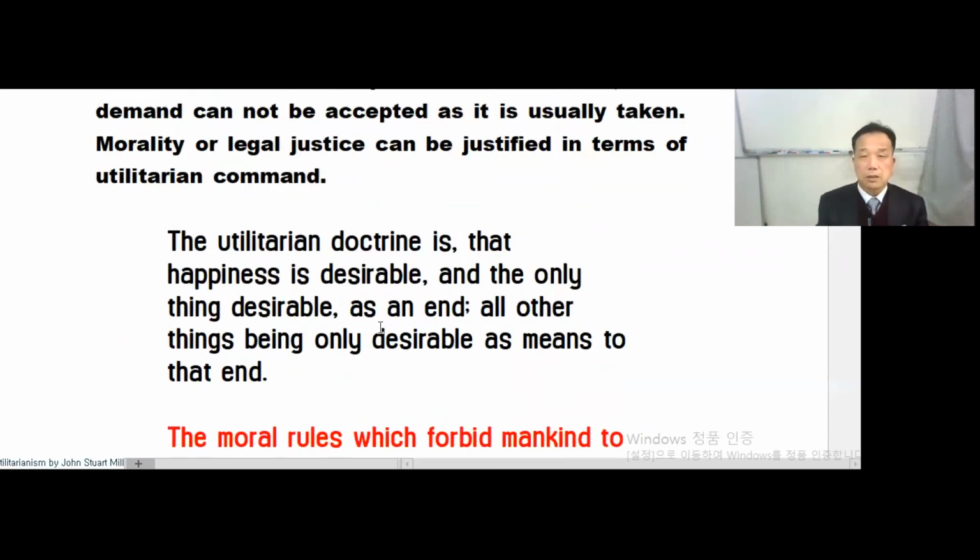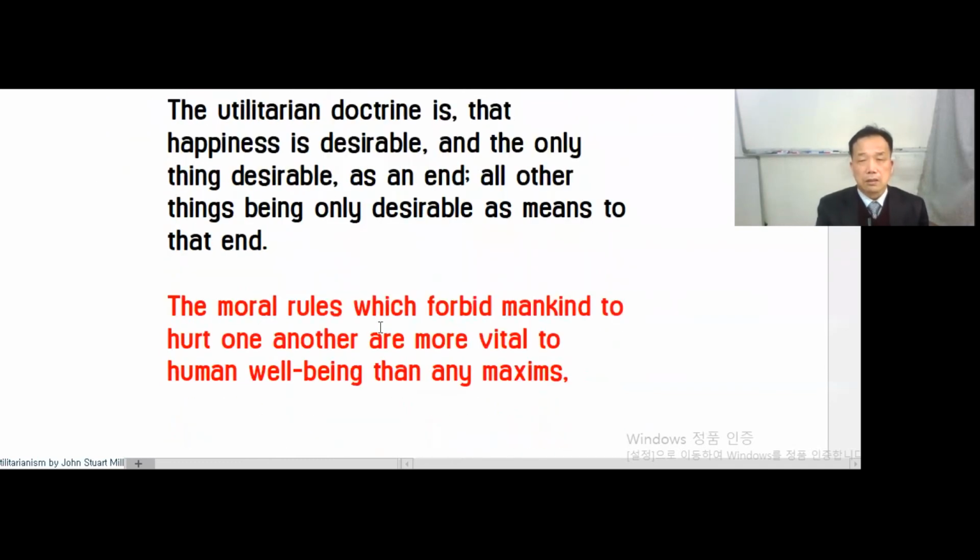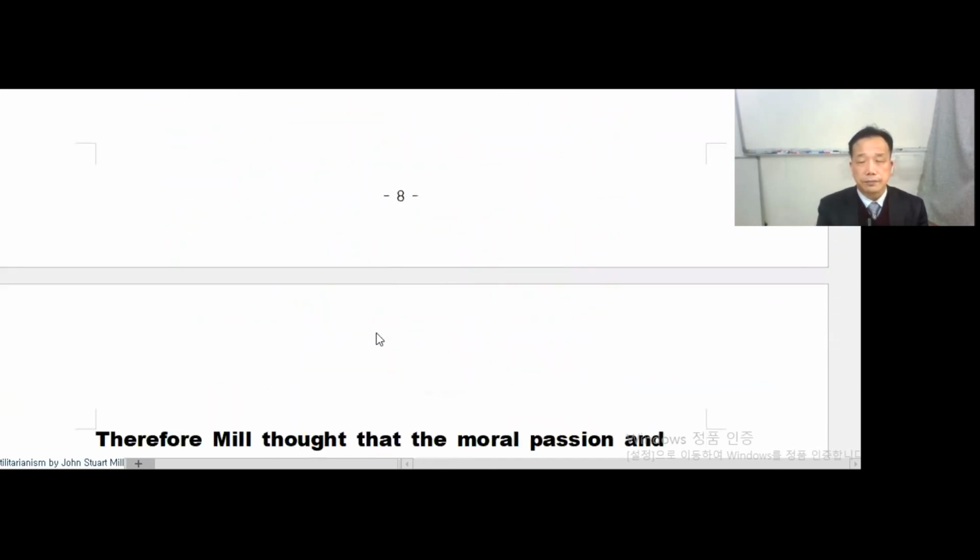The utilitarian doctrine is that happiness is desirable and the only thing desirable as an end, all other things being only desirable as a means to that end. The moral rules which forbid mankind to hurt one another are more vital to human well-being than any maxims.